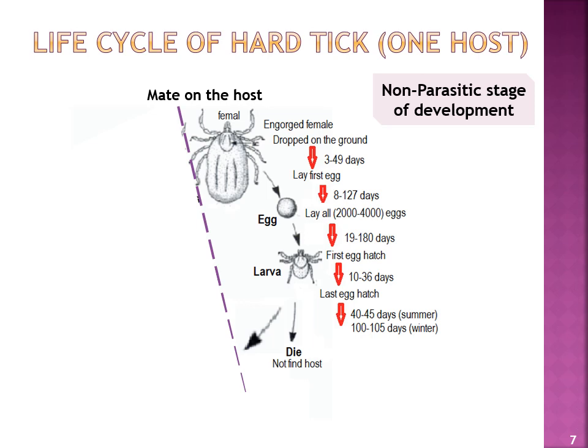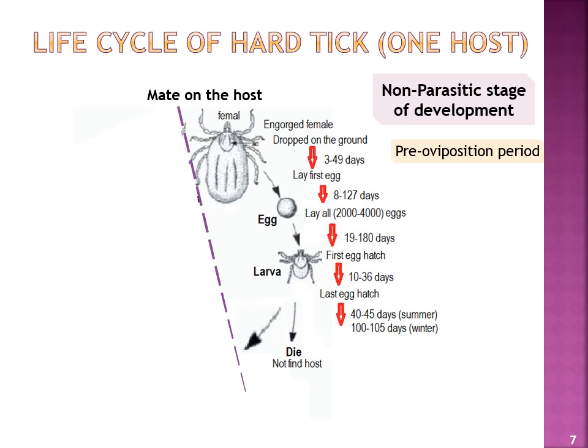The life cycle of hard ticks, which is one host, usually a mammal, usually starts with a non-parasitic stage of development, at which the engorged female ticks with eggs drop on the ground. Usually it takes from 3 to about 50 days to lay the first egg, and this is called the pre-oviposition period.